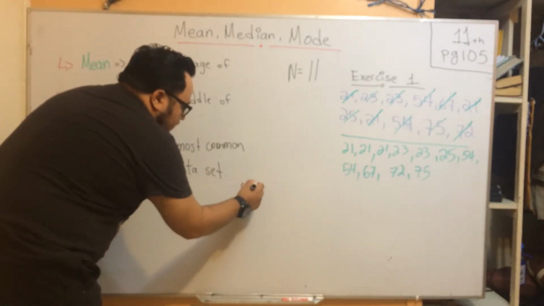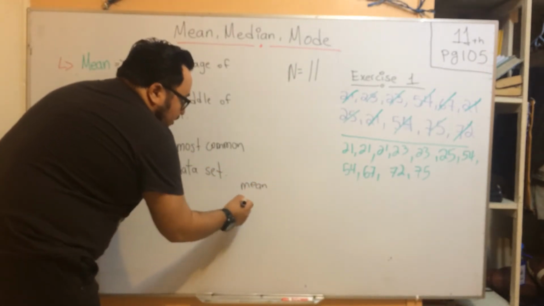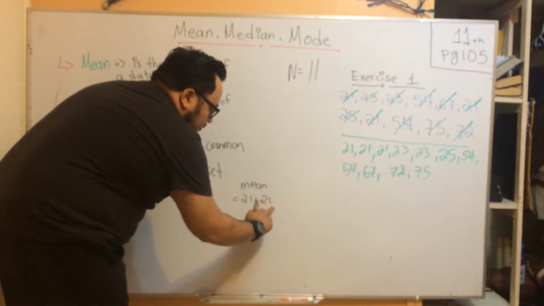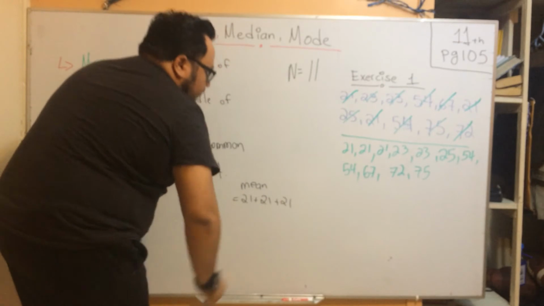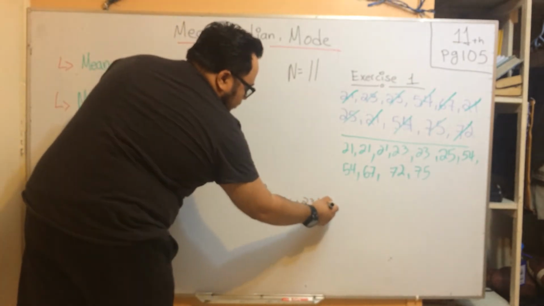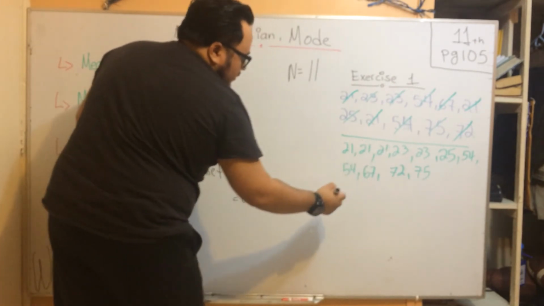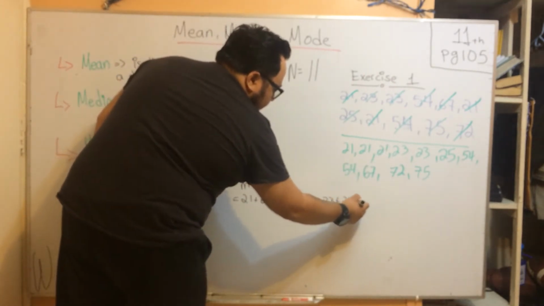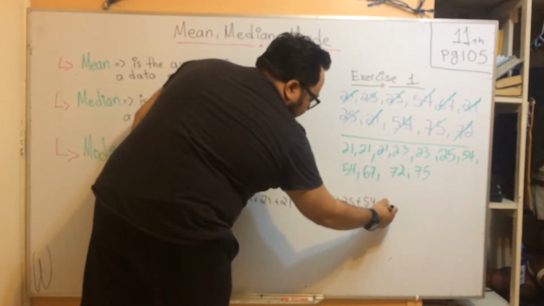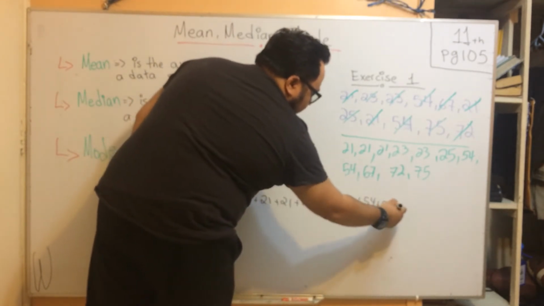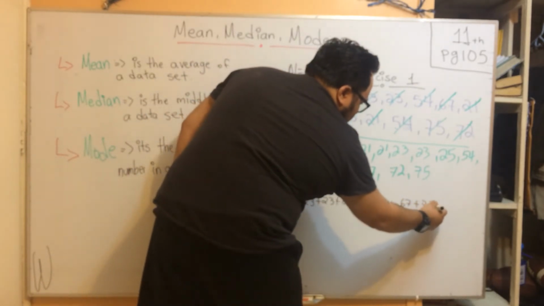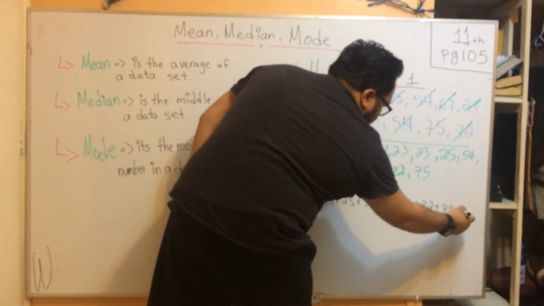So when we calculate the mean, we're going to add them all up and calculate the average. We're going to add 21 plus 21 plus 21, plus 23 plus 23 plus 25 plus 54 plus 54 plus 67 plus 72 plus 75.